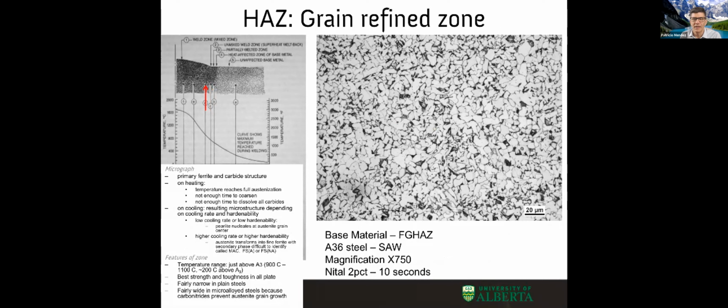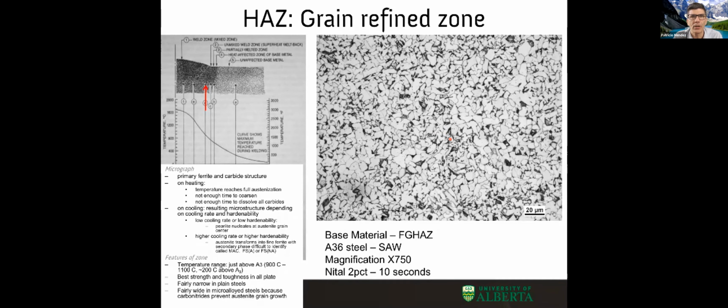Okay, now we're into the grain refined zone, right? What happened here? Our peak temperature is into the full austenite, but barely above full austenite. So we barely had the energy to transform our ferrite into full austenite and to dissolve the carbides.